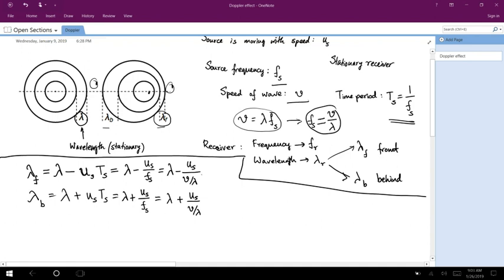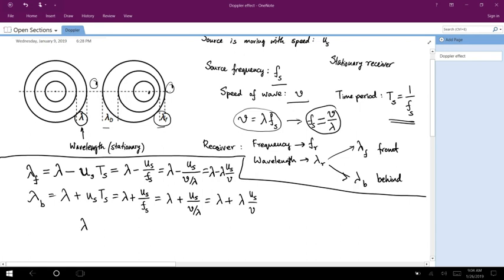All right, we can simplify this further. The lambda in the denominator of the denominator we can just bring up to the numerator, and we get lambda minus lambda times Us over v, and in the second case, lambda plus lambda times Us over v.